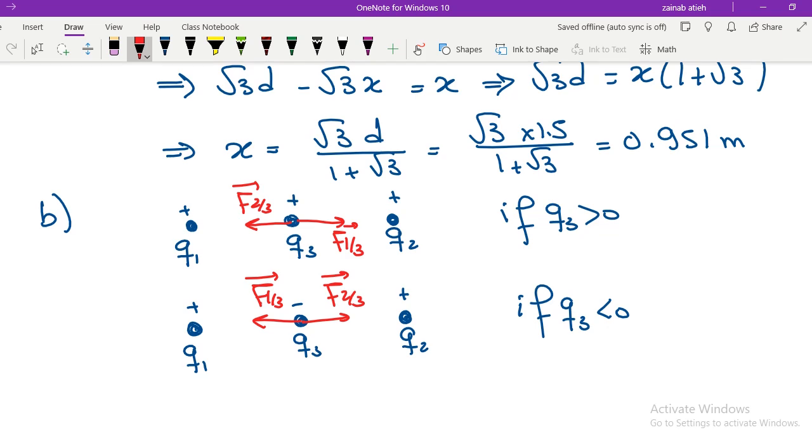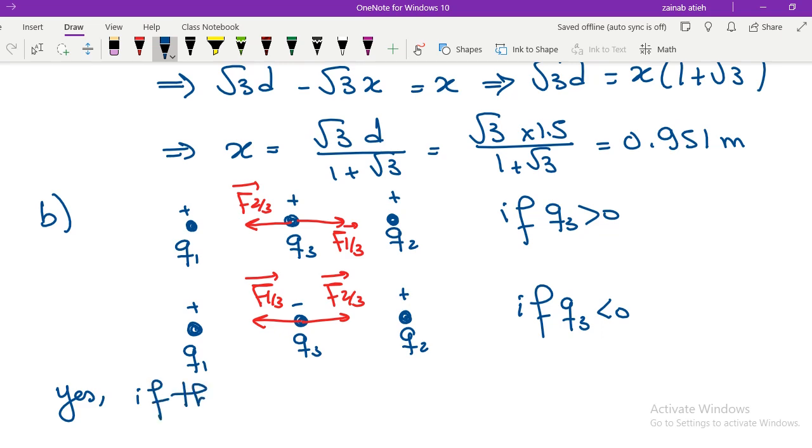If it has a negative charge, it will be an unstable equilibrium. Okay, so yes, I will write.